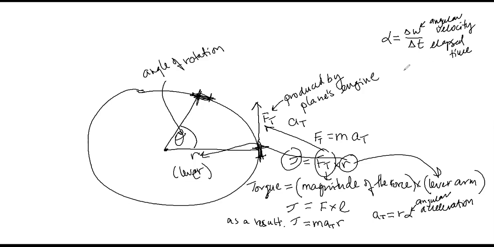Or change in time. And then the angular velocity is equal, remember, the regular velocity is the change in displacement over the change in time. But here it will be a change in theta over change in time. And again, we know what theta is.